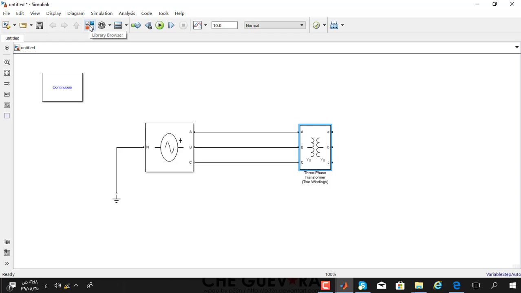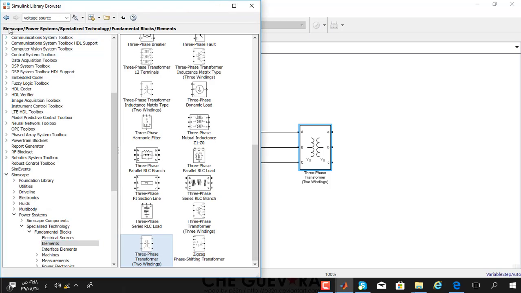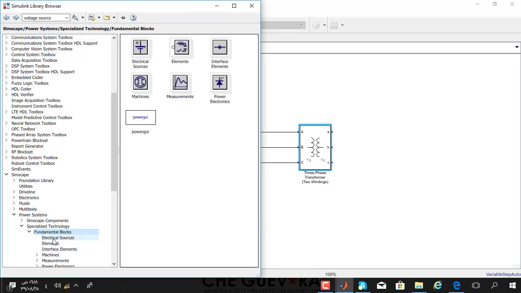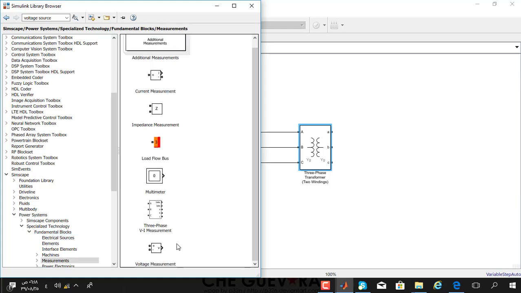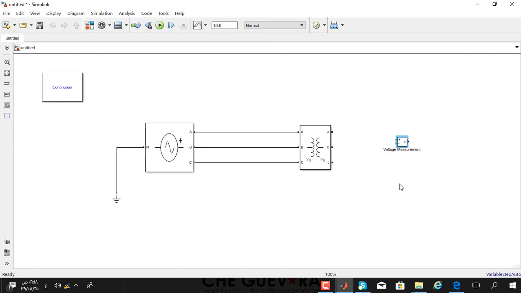Again we go to the library. From fundamental blocks, from here we go to measurements and we take voltage measurement. We need 3 of the voltage measurement, so we copy it 3 times.